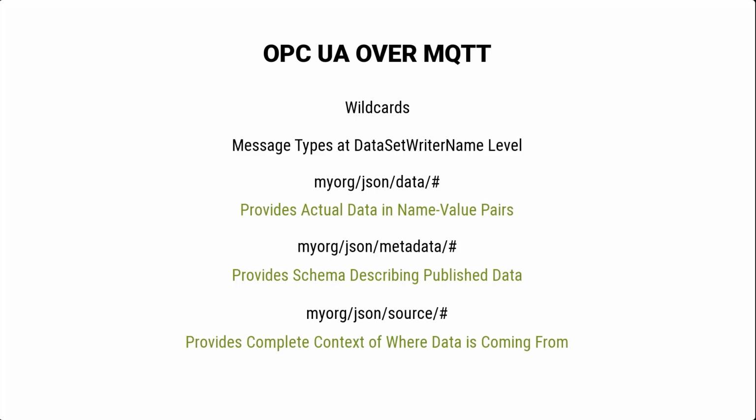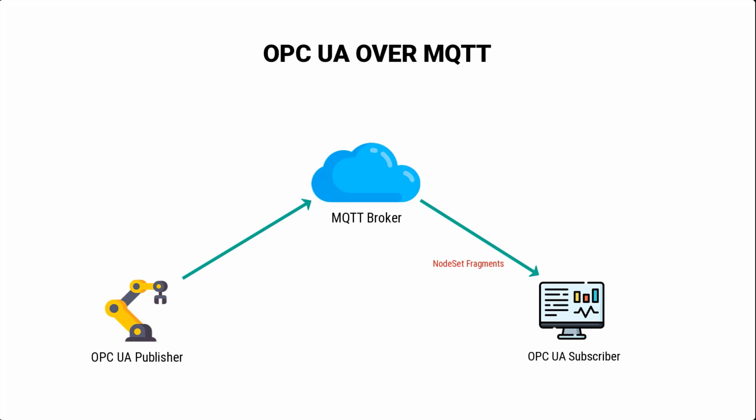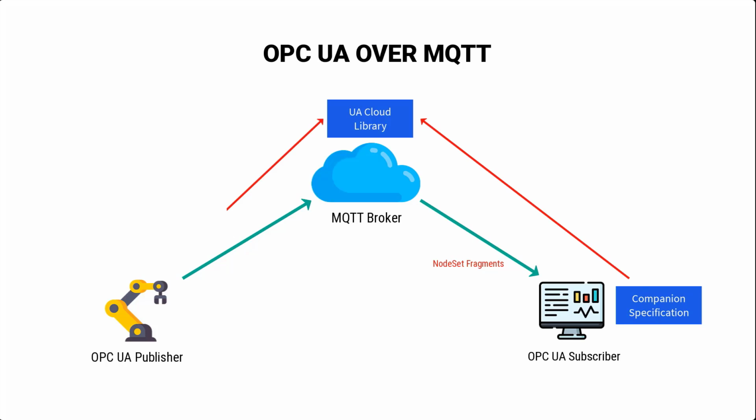And in case the node set goes above the size limit allowed through MQTT brokers, it is sent in fragments. Further, in order to associate the types that are used in the published node set, the subscriber would need more information. And for that, the subscriber would either use a pre-configured companion specification namespace, or it could refer to what is called a UA Cloud Library, which is an online platform that stores OPC UA information models and provides access to them via a REST interface.